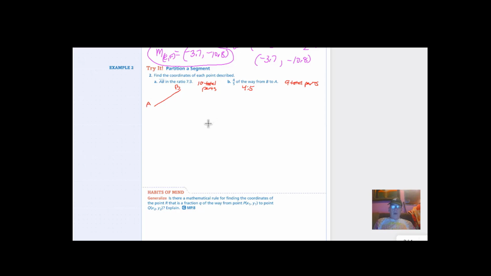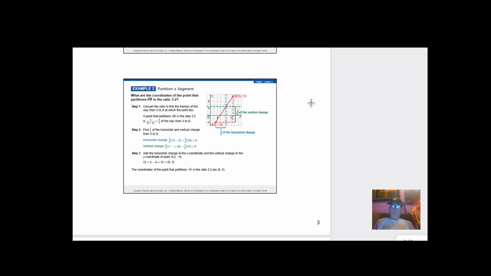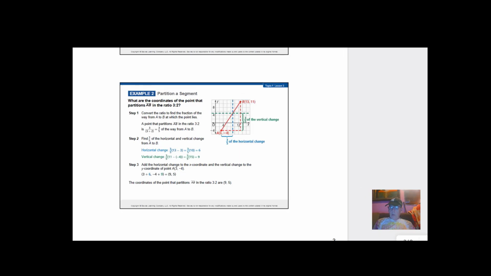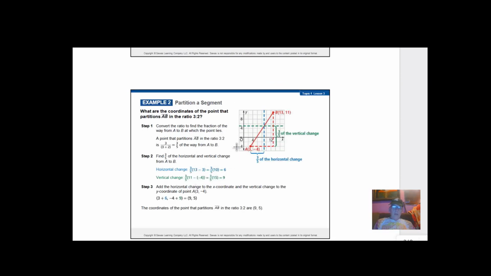Now, I must assume that for this example 2, they're giving us the coordinates from example 2. So I need to look back at example 2 in our notes. Okay, so here's our example 2 in our notes page, our presentation page. And notice that the coordinates of A are at 3, negative 4.